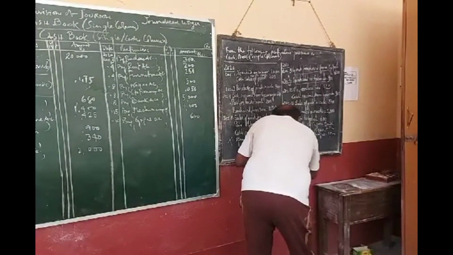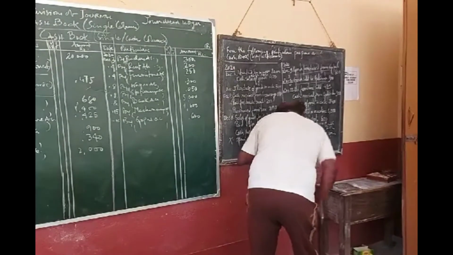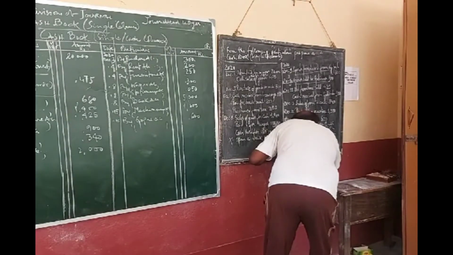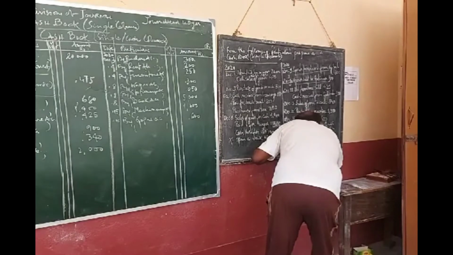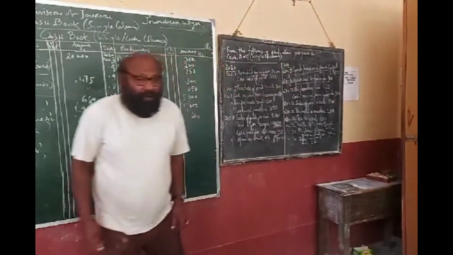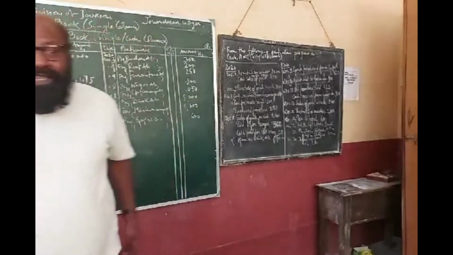Now take December 30. Took a loan from Raj, rupees 2000. Now you are getting the amount, so cash account debit. What goes out? Nothing is going out. Who is the giver?